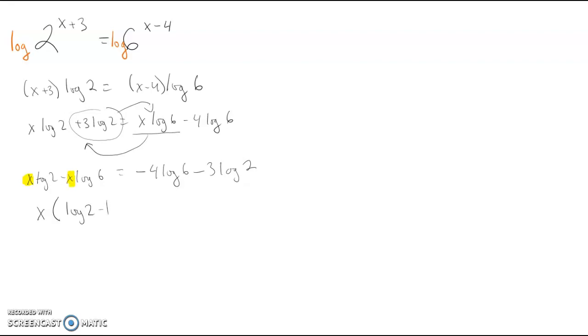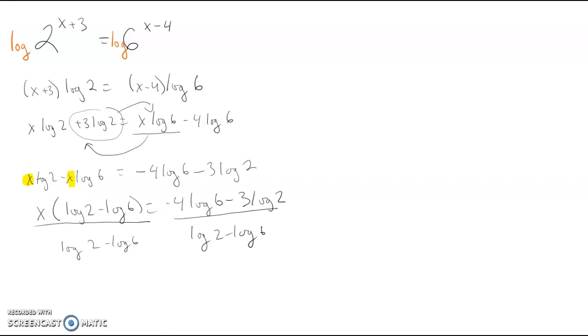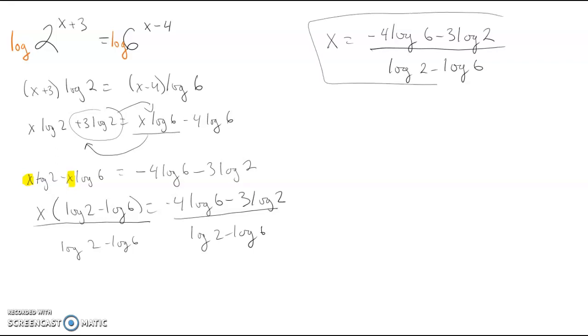So x times log of 2 minus log of 6 is equal to this long doodad. And then I get to divide log of 2 minus log of 6 onto both sides. So we get x equals negative 4 log of 6 minus 3 log of 2 all over log of 2 minus log of 6. Again, this is an exact answer.